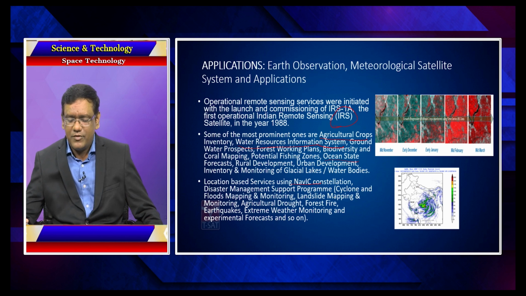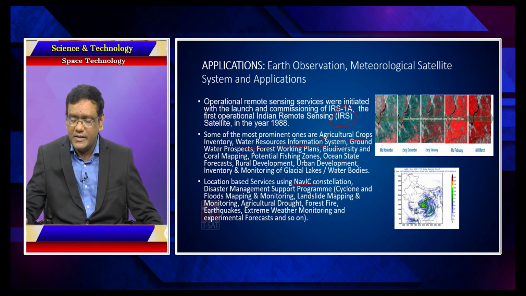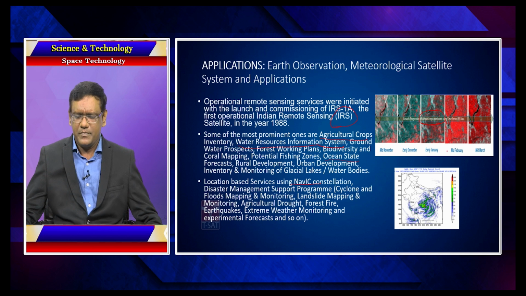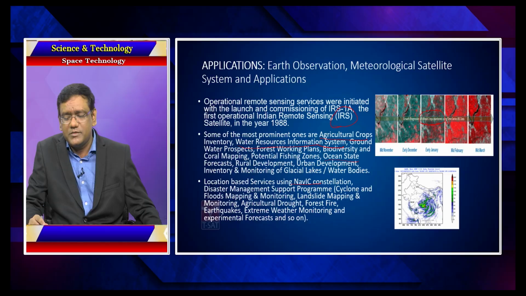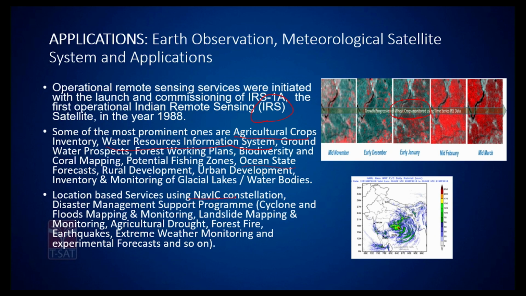You can see here, I would like to talk about this IRS data, the growth progression of wheat crops monitored using this time series of IRS data. You can see that in mid-November the picture is like this, in early December like this, in early January like this, in mid-February like that, and in mid-March like this. Based on the analysis of these pictures, we'll forecast what kind of wheat crops are grown, or how much production we might get based on the historical data.